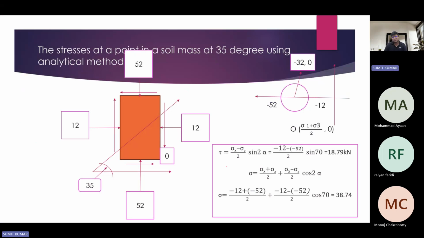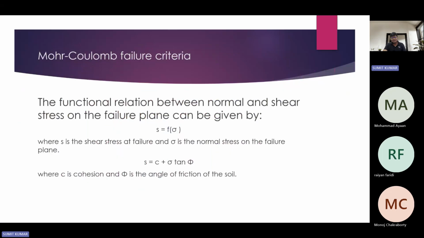In this problem we have calculated the tau and sigma values respectively using the equations: sigma x minus sigma z upon 2 into sine 2 alpha for the shear stress, and sigma x plus sigma z by 2 plus sigma x minus sigma z by 2 cos 2 alpha for the normal stress. So the understanding could easily develop.